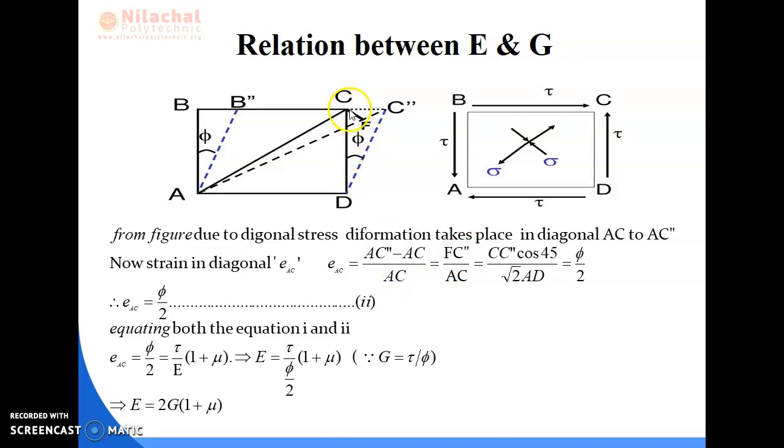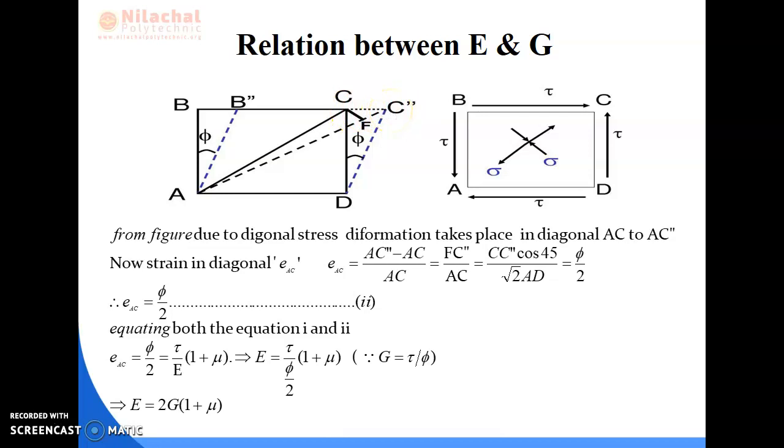Now, from triangle C double dash F, we are getting cos 45 degree is equal to B by H. So B by H means FC double dash divided by CC double dash.